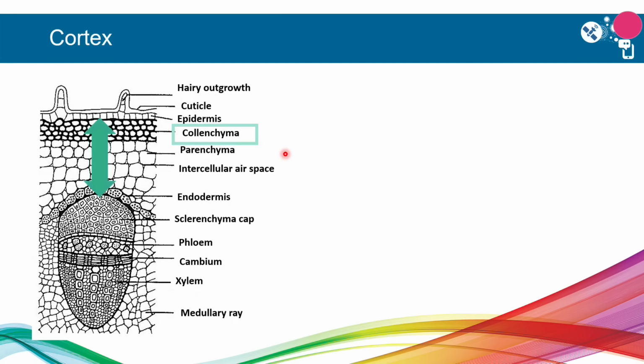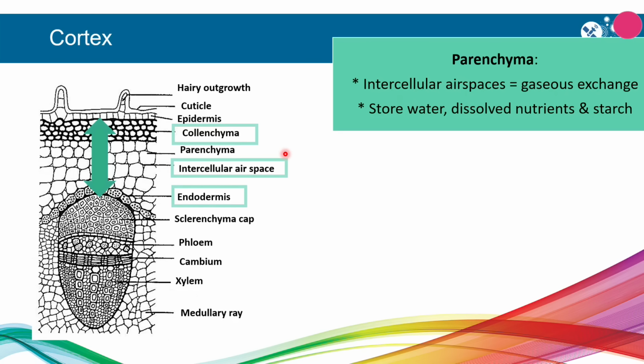So the function of the parenchyma, as Yolandi mentioned with a cute little example, they have these intercellular air spaces. And in this case, we don't have water needing to move through the stem. These air spaces are there for gaseous exchange to take place.